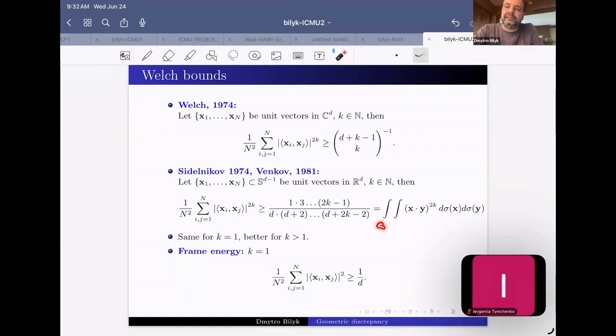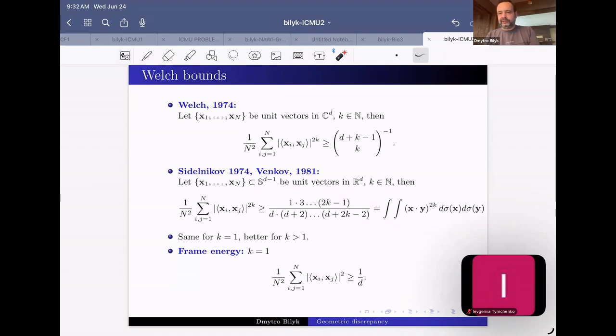So this should be over S^d. Again, this can be explicitly computed, and you'll get this expression. You can check that when k is equal to 1, both of these give you the same bound, but when k is greater than 1, in the real case, this bound will be bigger.